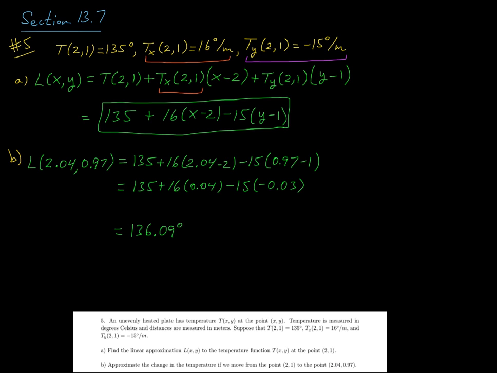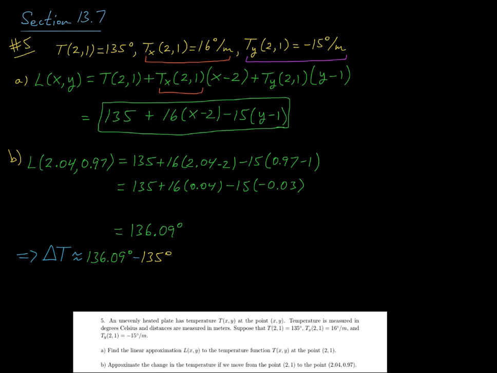So now what we could say is this: our change in temperature, delta T, would approximately equal what? It's going to just be this approximate temperature we just found at our neighbor point minus the base temperature of 135 degrees.